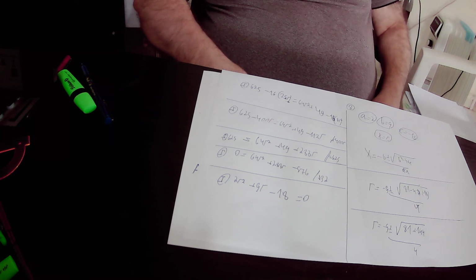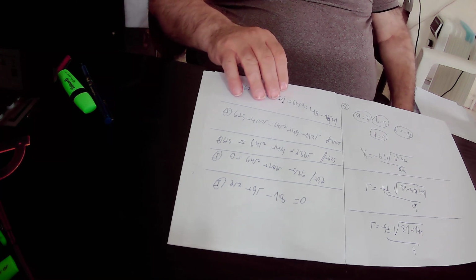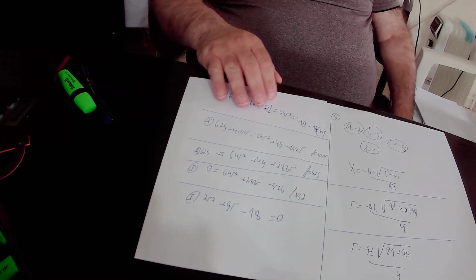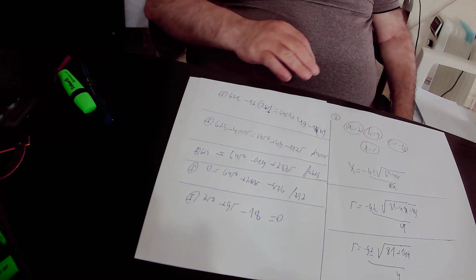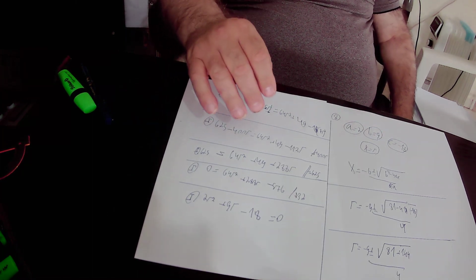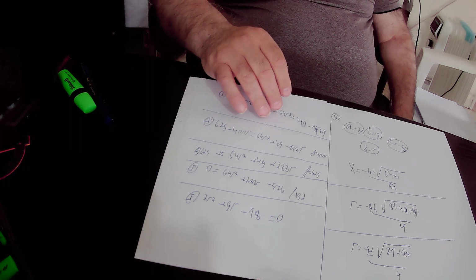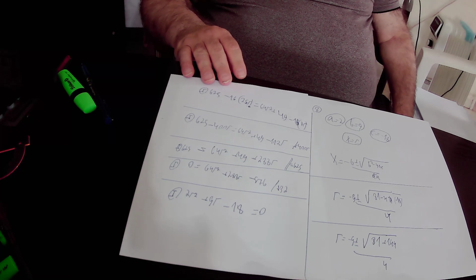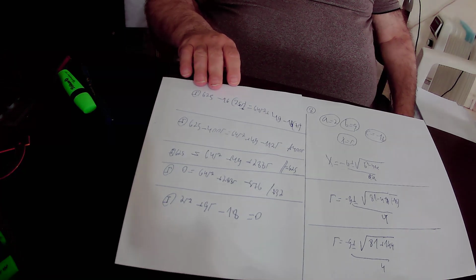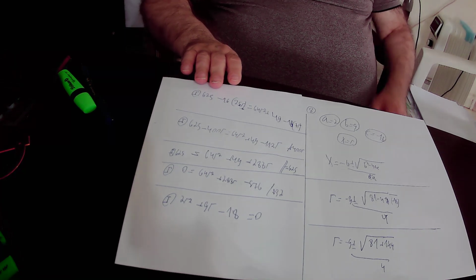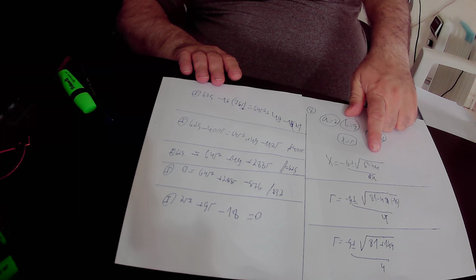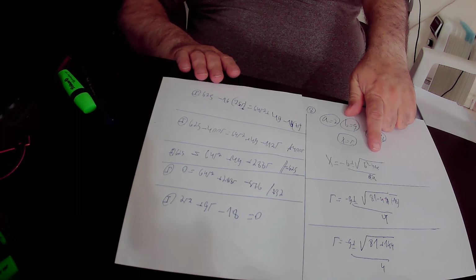In this quadratic equation, the coefficient a equals 2, the coefficient b equals 9, and the coefficient c equals minus 18, and the variable that we are looking for is small r, so x equals small r. The general formula for solving the quadratic equation is x equals minus b plus minus square root of b squared minus 4ac, over 2a.